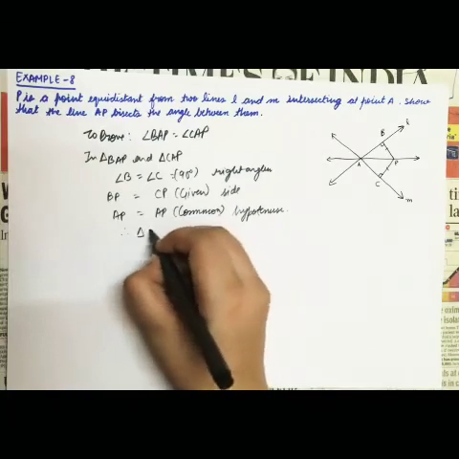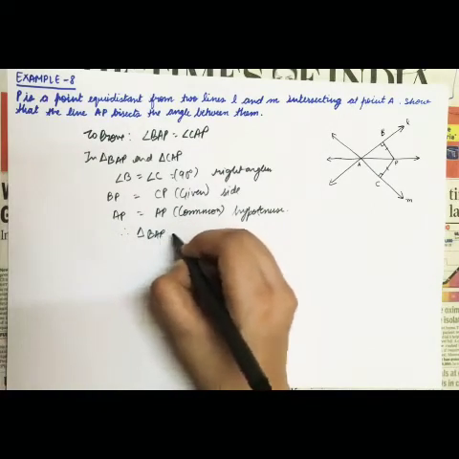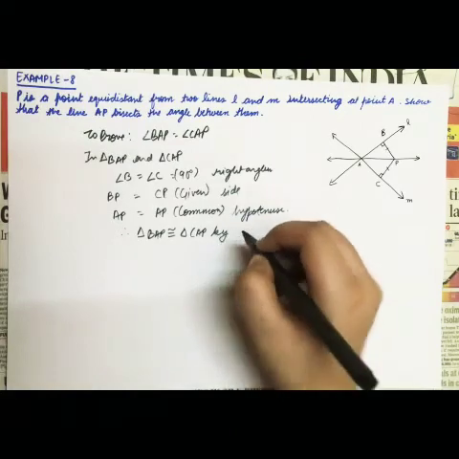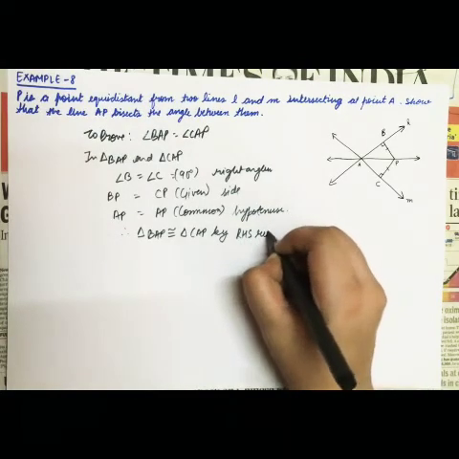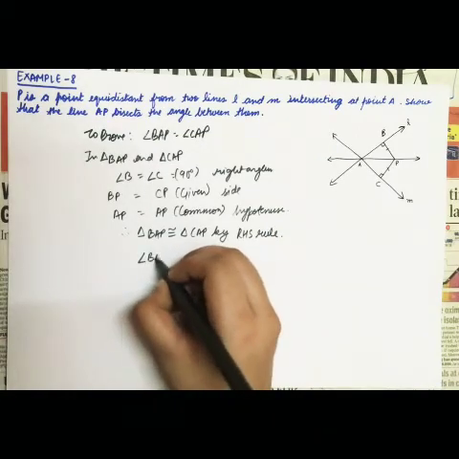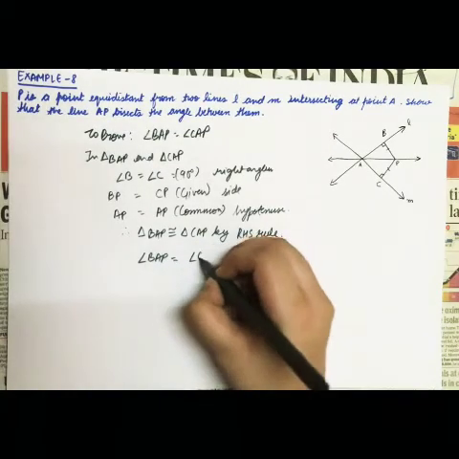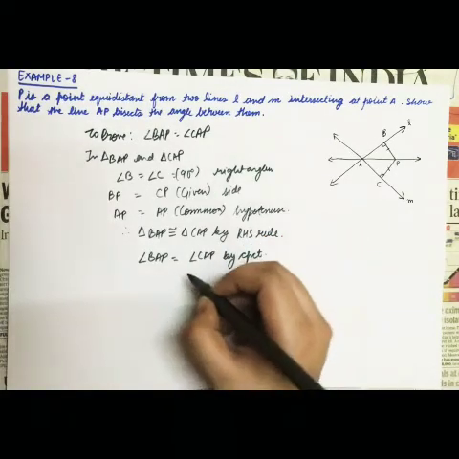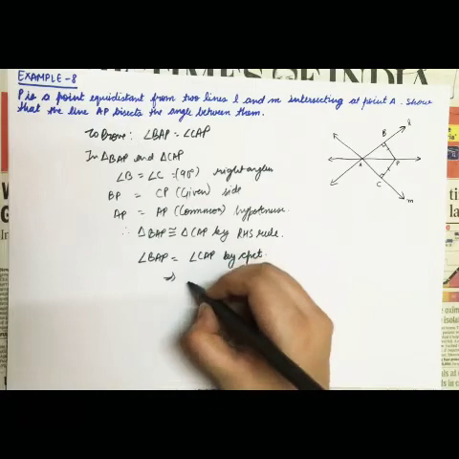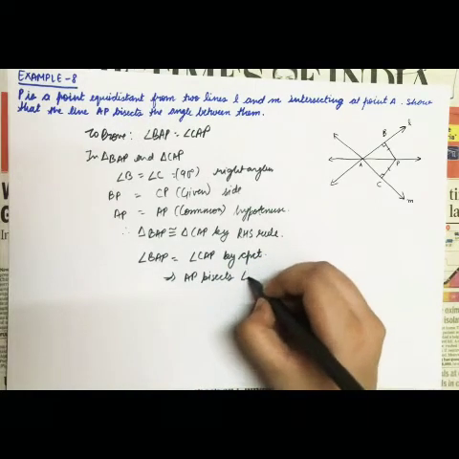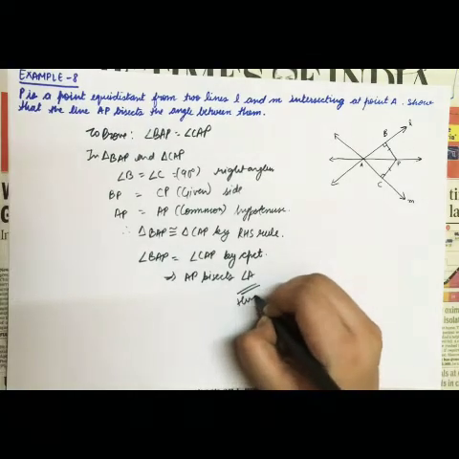Therefore, triangle BAP is congruent to triangle CAP by RHS rule. Now we can say that angle BAP is equal to angle CAP by CPCT, which implies AP bisects angle A. Hence proved.